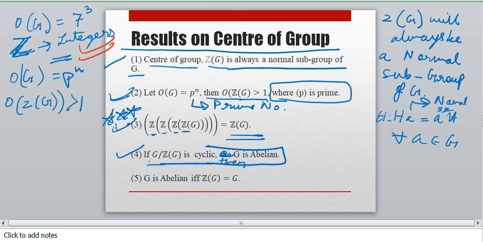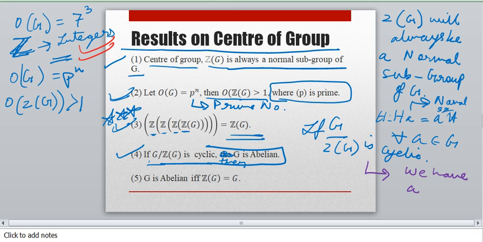Then G is abelian. Okay, so what does it mean? It means if G by Z(G) is cyclic. What does that mean? Cyclic means there is a generator.